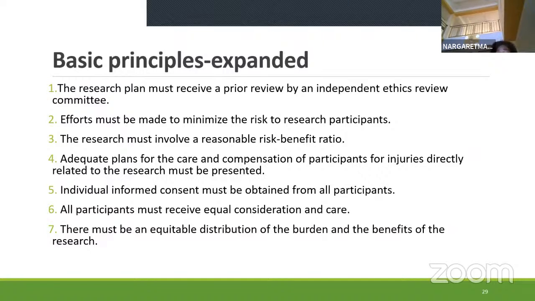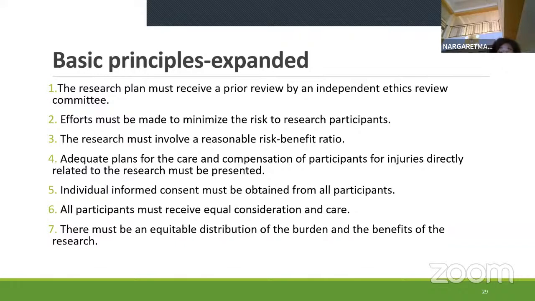So the research plan must be reviewed by an independent ethics review committee, which in Nigeria is called the Health Research Ethics Committee. Before any trial is conducted, it must be reviewed for its science and compliance with ethical standards.